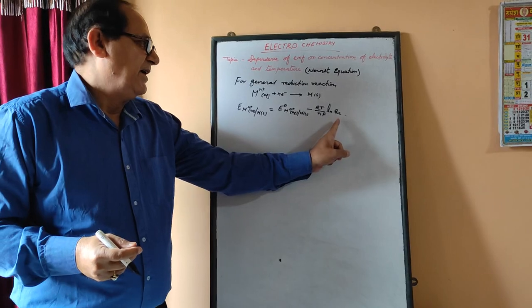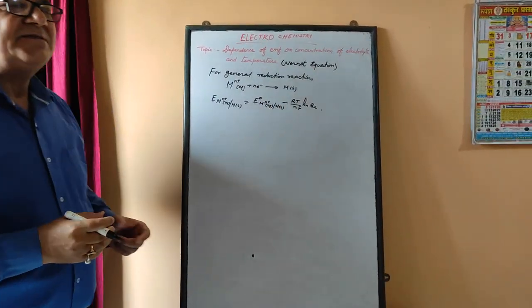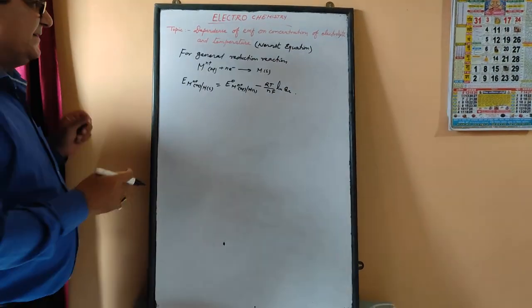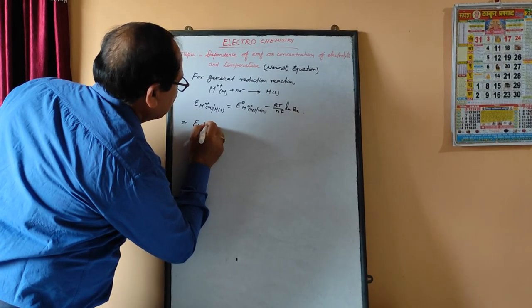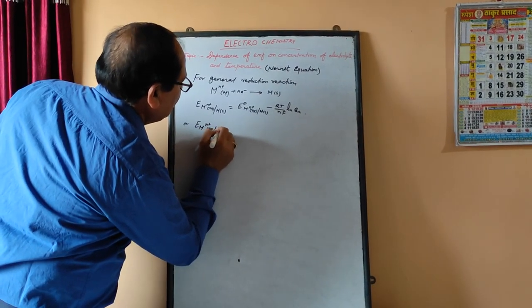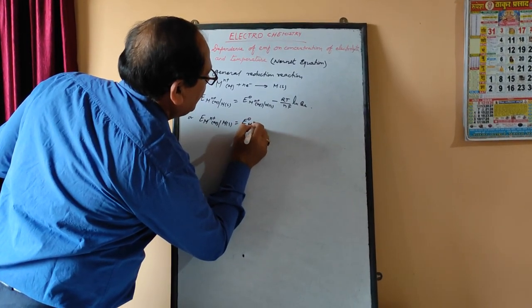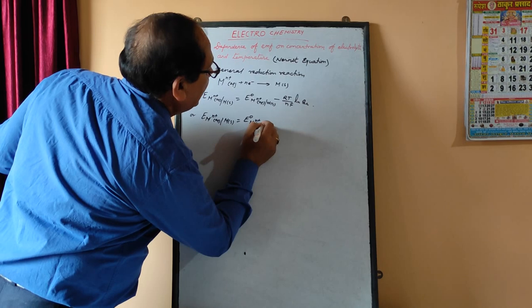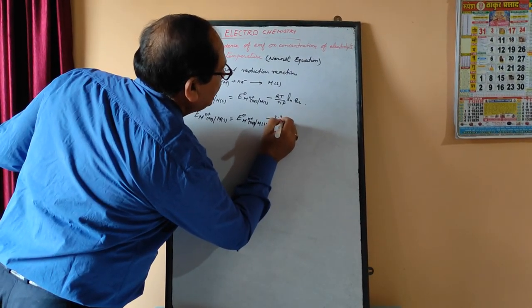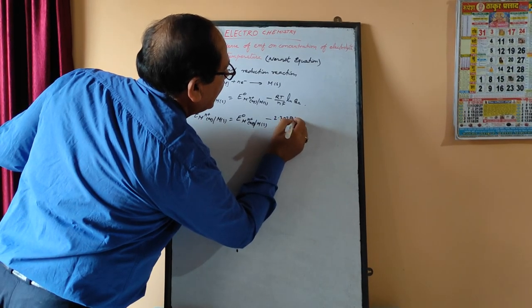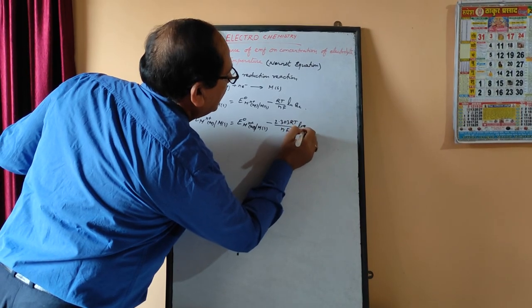Here Qc is the reaction quotient. ln means logarithm based e, or E of Mn+/M is equal to E naught of Mn+/M minus 2.303 RT divided by nF log Qc.